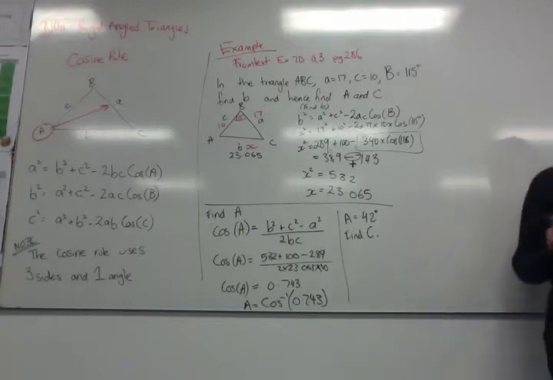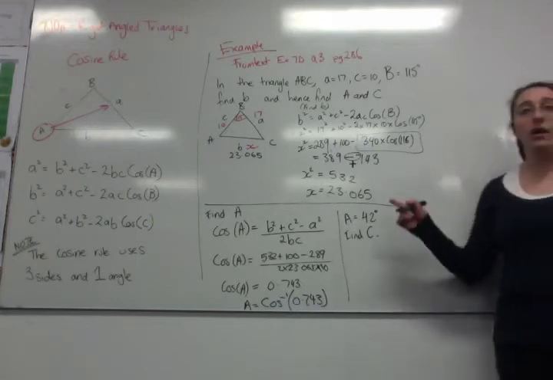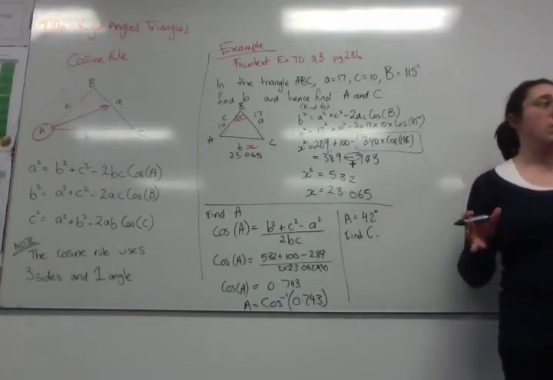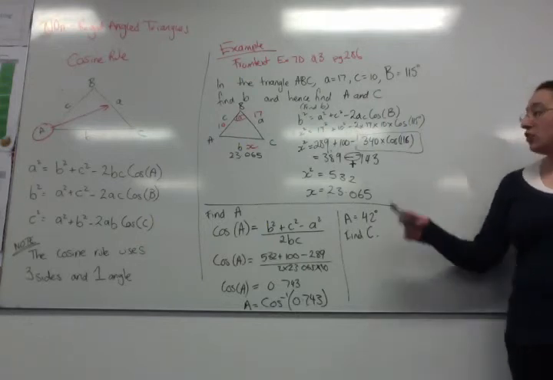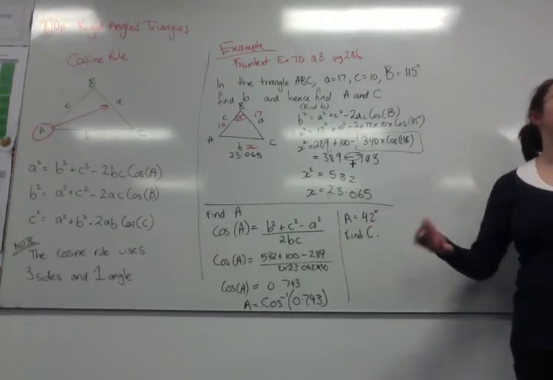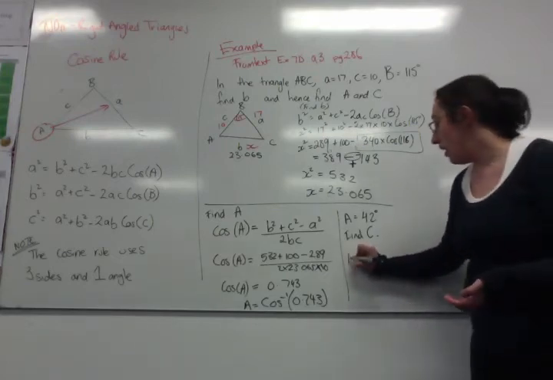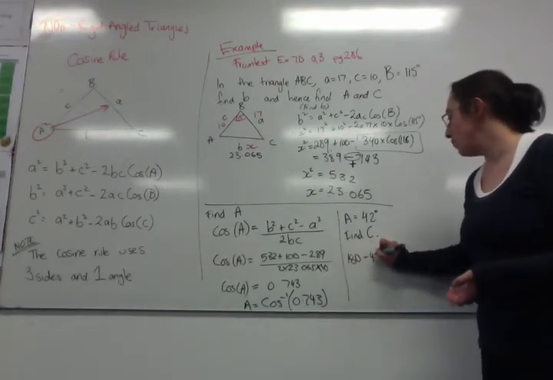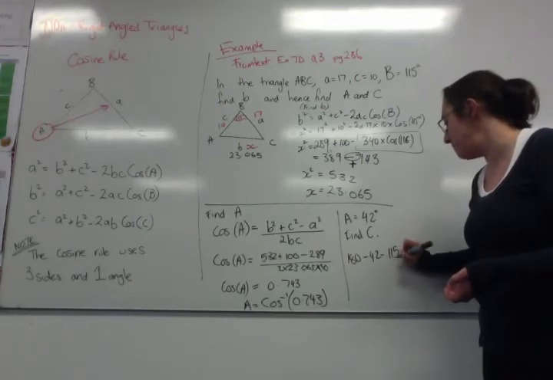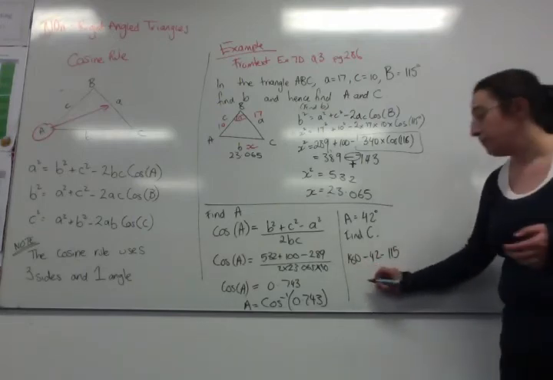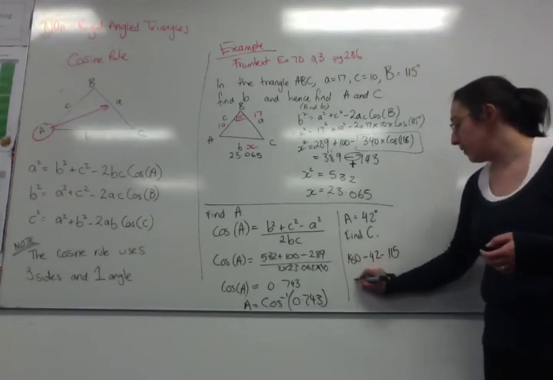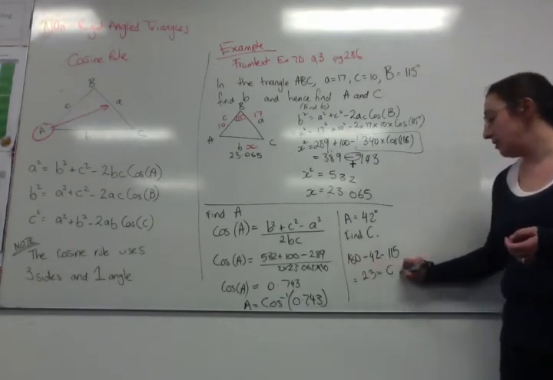You know that in a triangle there are 180 degrees, so minus the two angles you've been given gives the one you're left with. So 180 minus 42 minus 115, and we get 23. So that is equal to angle C.